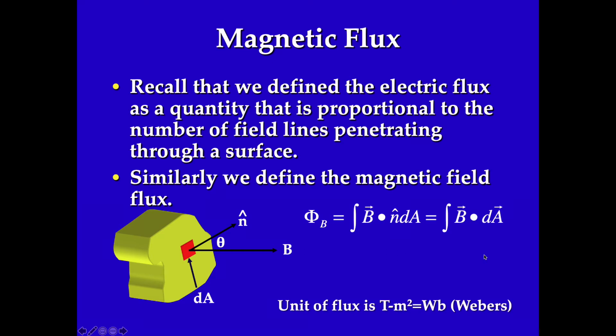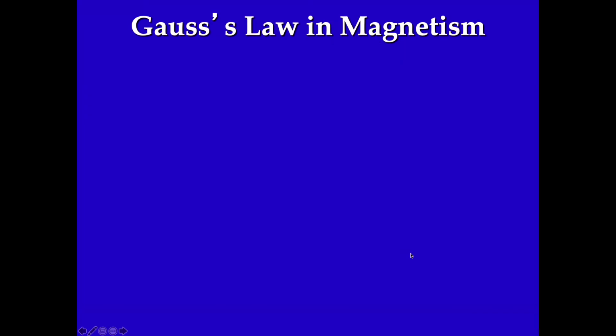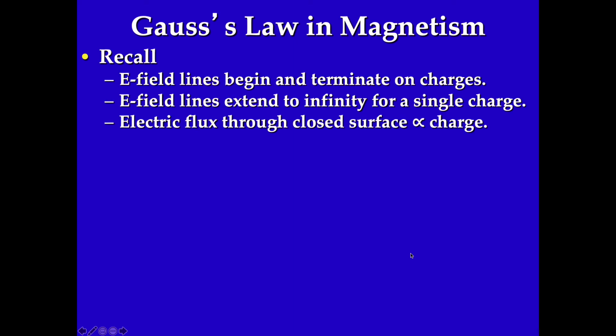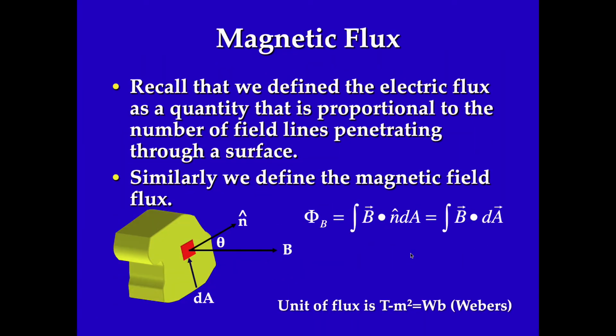The unit of the magnetic flux is called the Weber, also known as a Tesla meter squared. A Tesla is the unit of magnetic field. If you integrate this around a closed surface, you get 0.